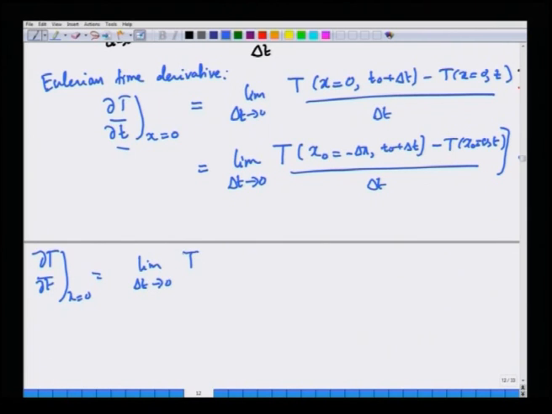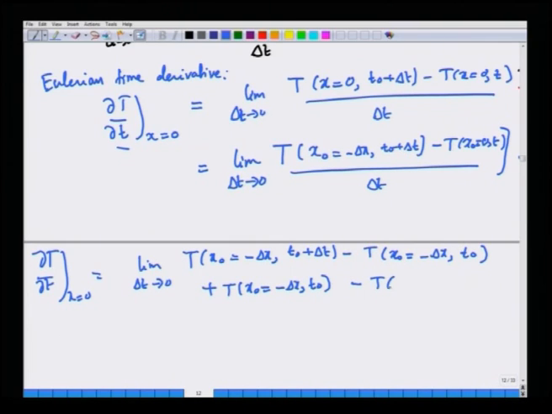Now, I am going to add and subtract a term which will help us identify the relation: T of x naught is minus delta x, t naught plus delta t, minus T of x naught is minus delta x, t naught, plus T of x naught is minus delta x, t naught, minus T of x naught is 0, t naught, divided by delta t, okay.